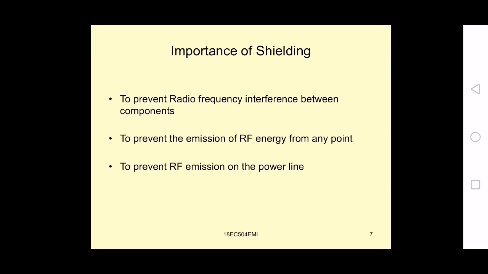Between the components there should not be any radio frequency interference, and that is obtained by shielding. Unsuitable emission of RF energy from any point and on the power line is also reduced by shielding.